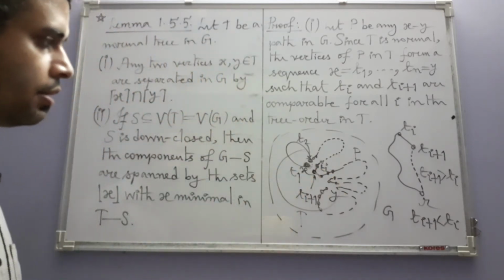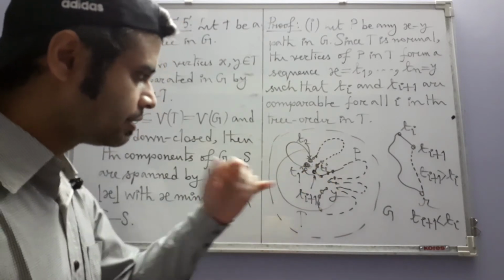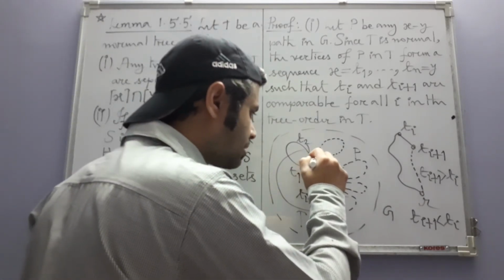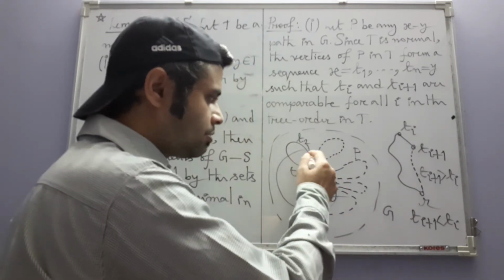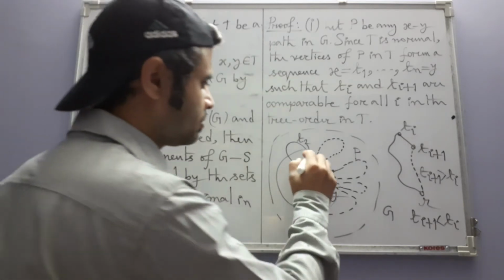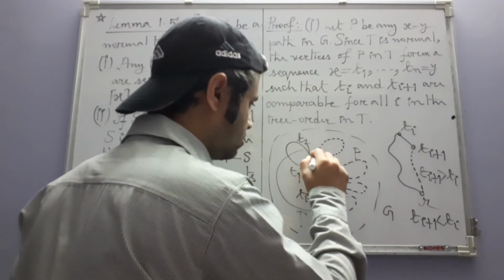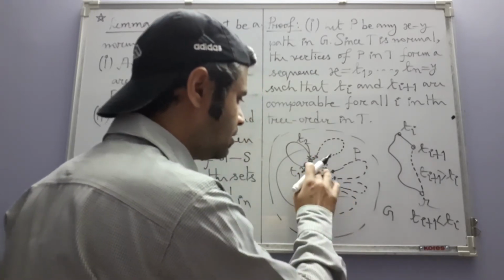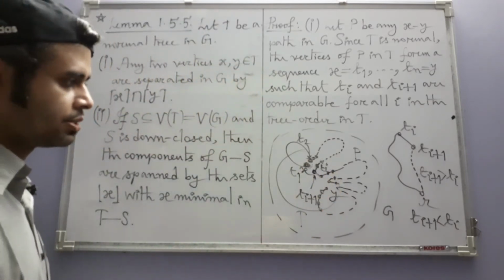Why? That is because we are considering paths like this, and the situation is such that these vertices are in T. The edges joining them may or may not be in T, but the vertices are in T. That's why there is a single edge between two consecutive T's, Ti and Ti plus 1.